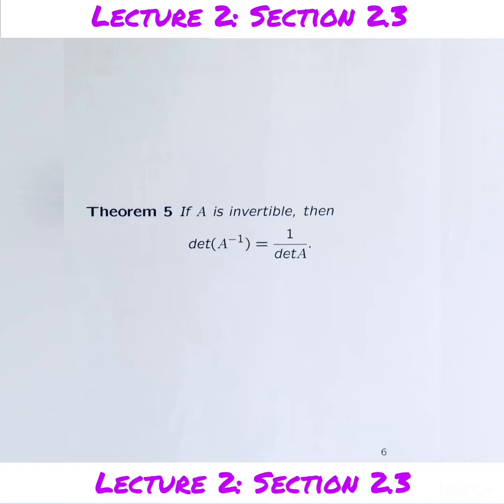Right, that brings us to Theorem 5, which states that if A is an invertible matrix, then we can easily find the determinant of the inverse of A by simply calculating the determinant of A and looking at 1 over the determinant of A. Now this is easy to prove.